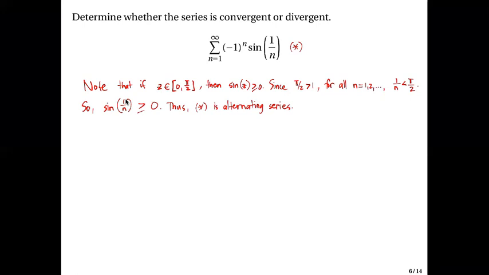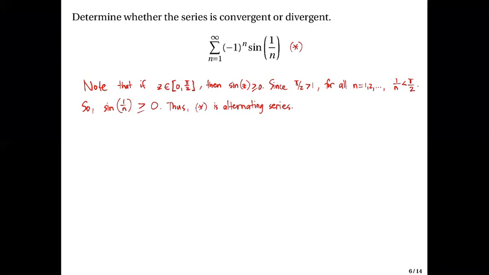That's equivalent to saying that as you increase n, since n is a denominator, 1 over n is also decreasing. And therefore, sine of 1 over n will also decrease as n increases. So you can explain it that way.